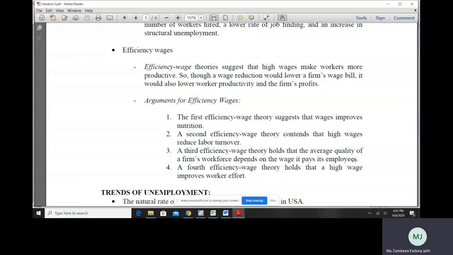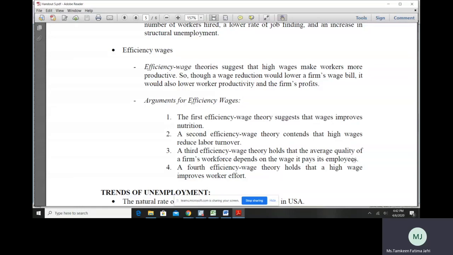And the fourth theory is that efficiency wages says that high wages improve worker effort. In an organization which is paying you higher wages, आप दो नंबरी करने से पहले एक दफा सोचेंगे जरूर, because it will be in the back of your mind कि अगर मैं पकड़ा गया, अगर मेरी काम चोरी पकड़ी गई, and if I get fired, I will not be able to find a job as good as this job.